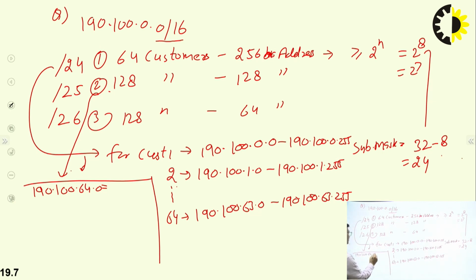So we are keeping 190.100.64.0 to 64.127, because you need only 128 addresses, 0 to 127.